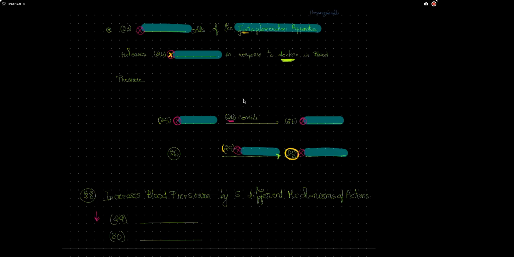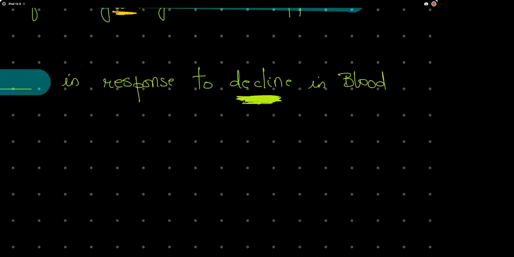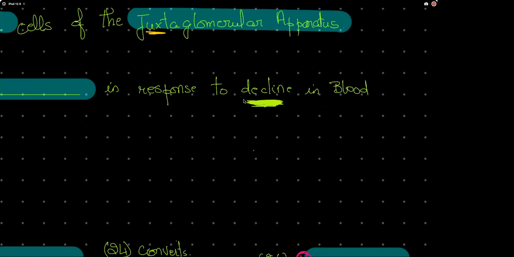How the kidneys respond to a decline, a decrease in the blood pressure. Or I might even leave it more vague, a change in the blood pressure. So I won't even tell you if the kidney is responding to a decrease or an increase in the blood pressure.